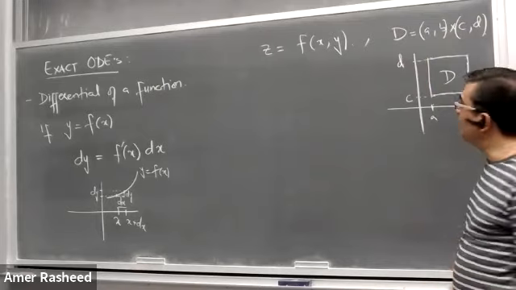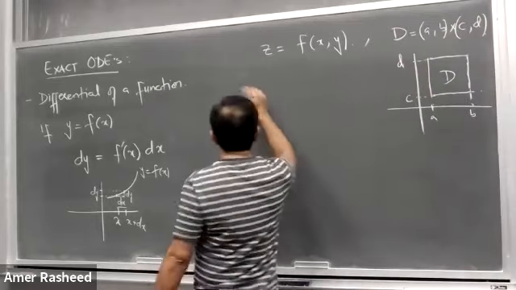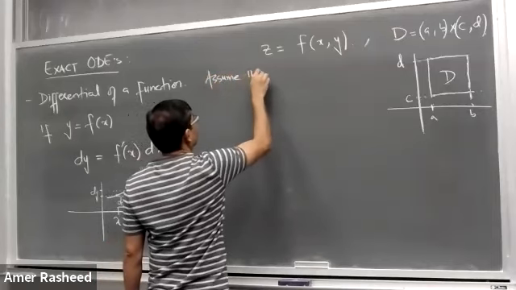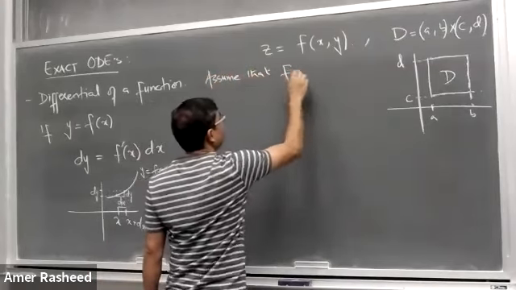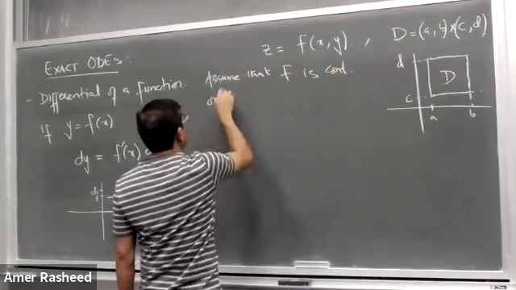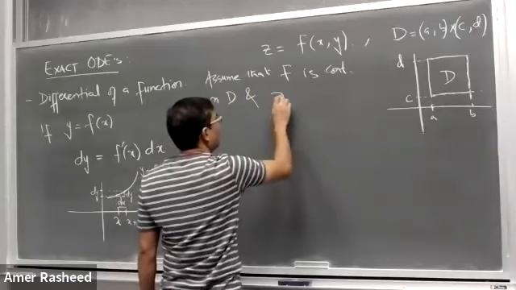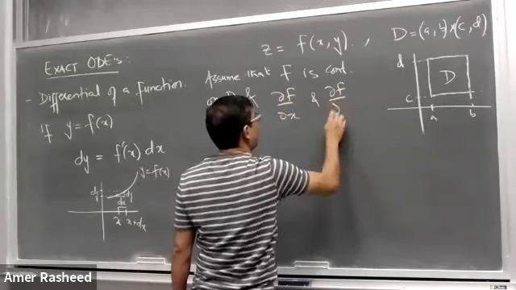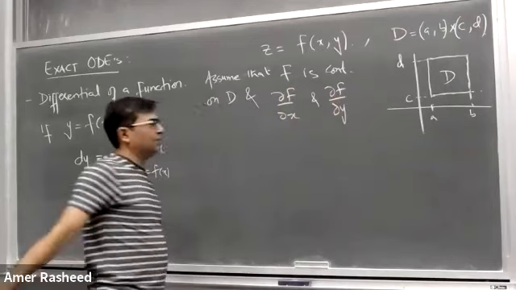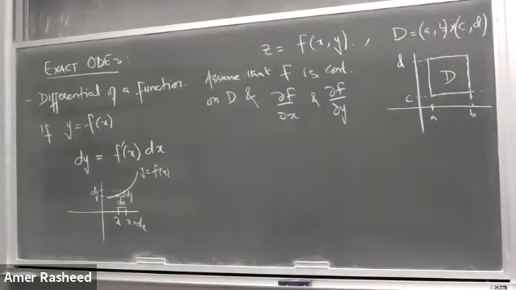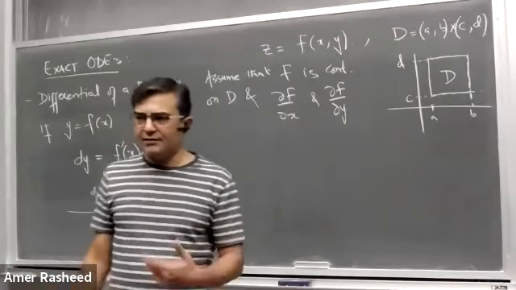You must have studied in calculus. We also assume that f is continuous on D, and partial f by partial x and partial f by partial y. What is this? This is the first order partial derivatives of this function. We cannot take the normal derivatives.